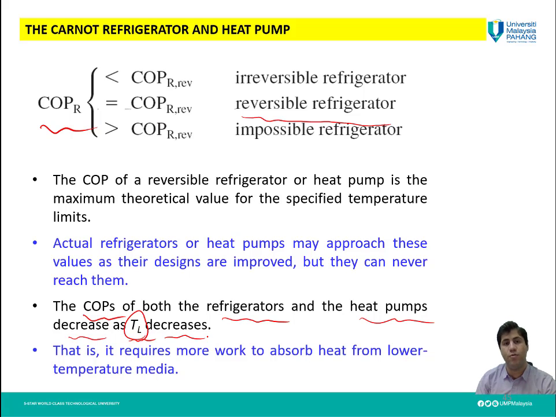This is according to these two equations. As I said earlier, we need to increase the TL, the temperature of the reservoir with low temperature, to increase the COP or coefficient of performance for that refrigerator or heat pump. And this is because we need more work to absorb the heat from the lower temperature media and transfer it to the higher temperature media.